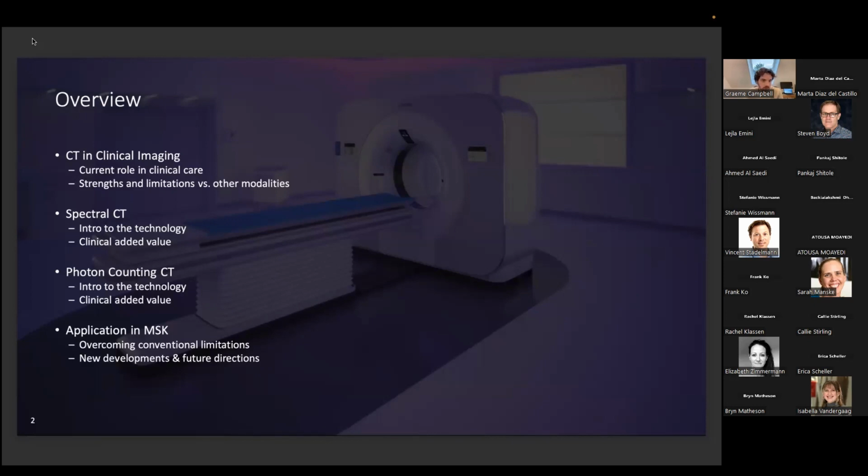I'll explain a bit about what spectral CT is, as well as photon counting CT, which in a way is also spectral CT, but there are some differences, and then how this really applies to MSK, or where we're kind of going with MSK, or we think we could.